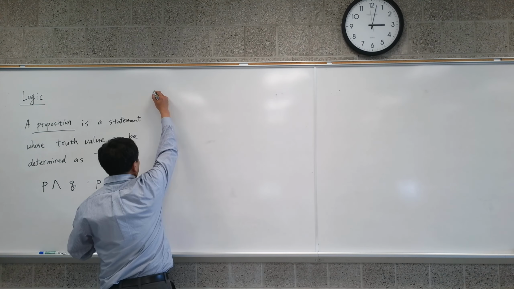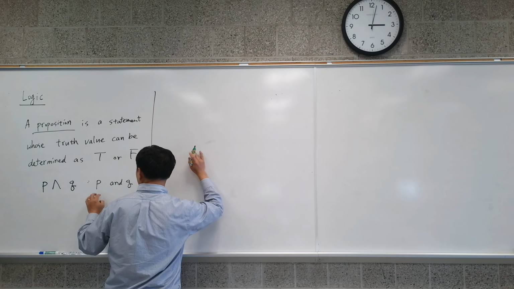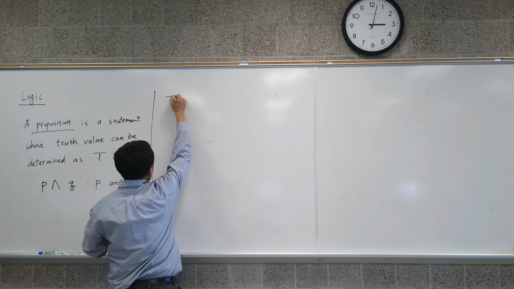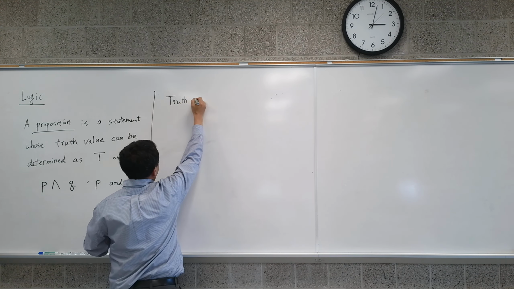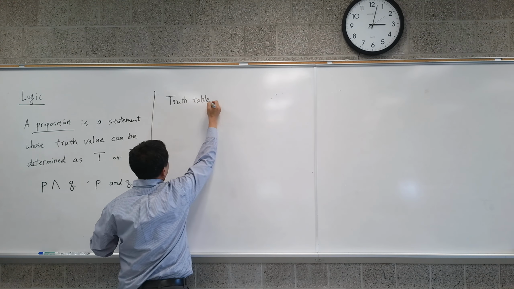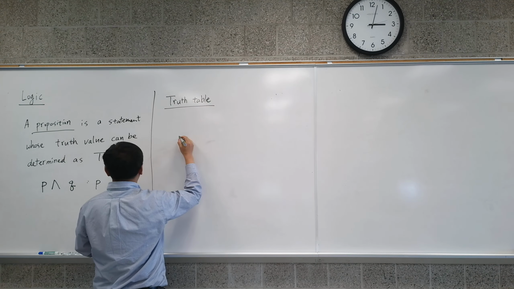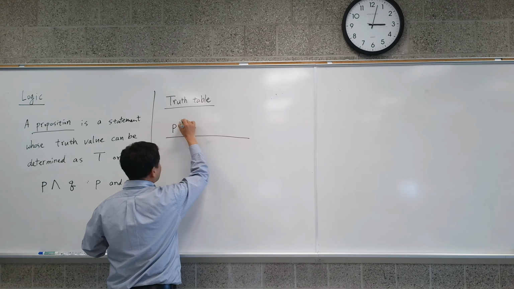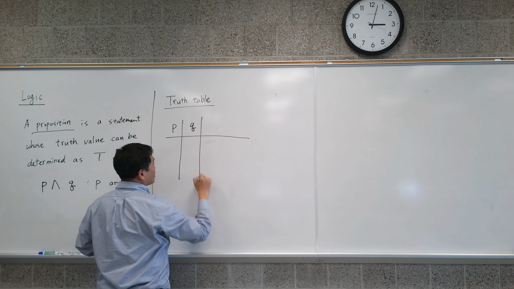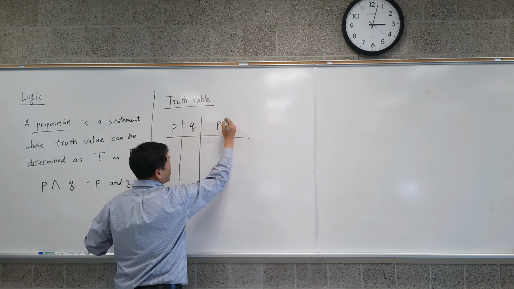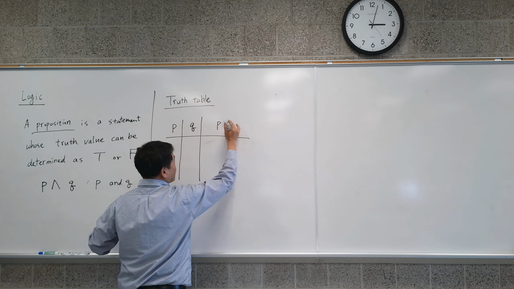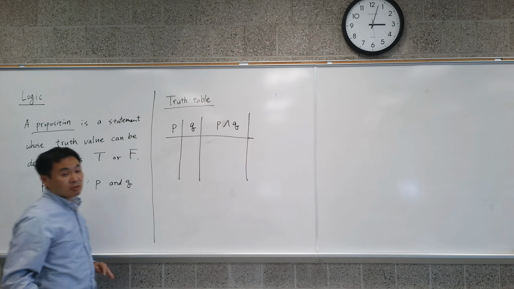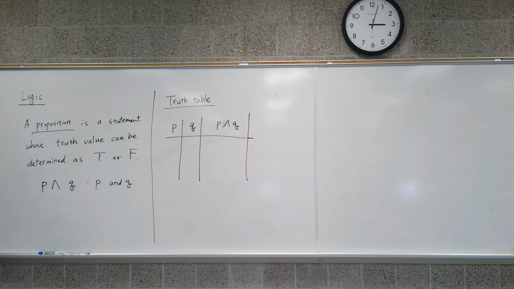And to talk about this statement P and Q, we can build something called the truth table, where you write down all the possibilities of P and Q, and then you write down the possibility of the statement that you put together as P and Q. Okay?